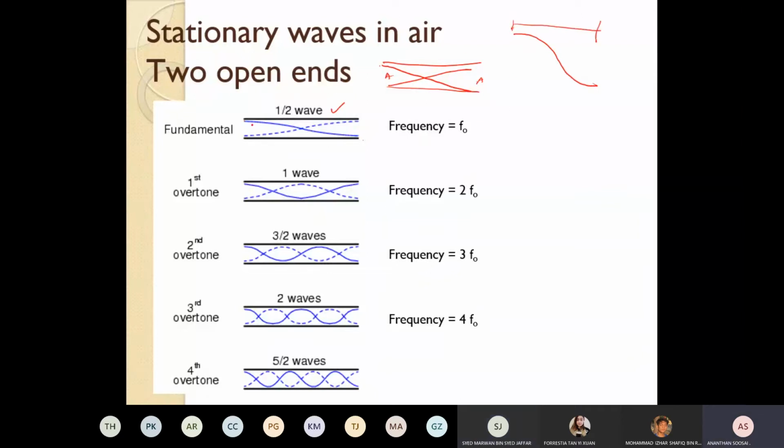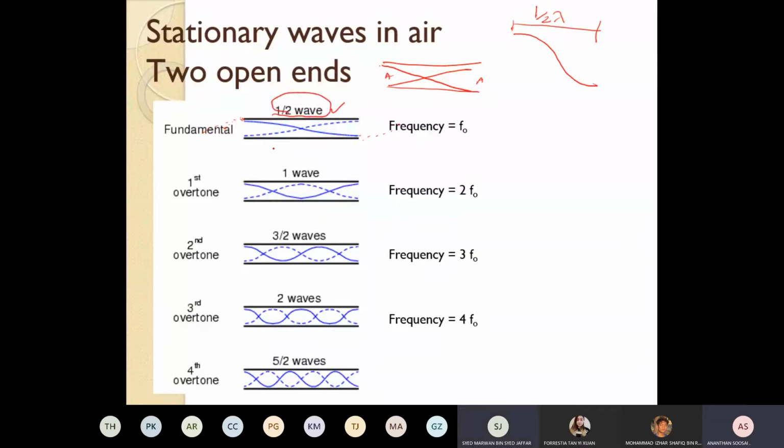You see, another quarter will be outside here to make one wavelength. So the center, from crest to trough, is half a wavelength. So this is half a wave.